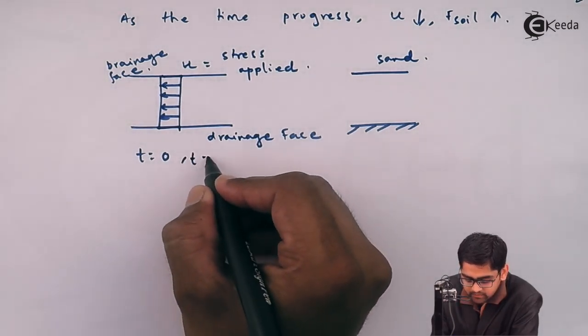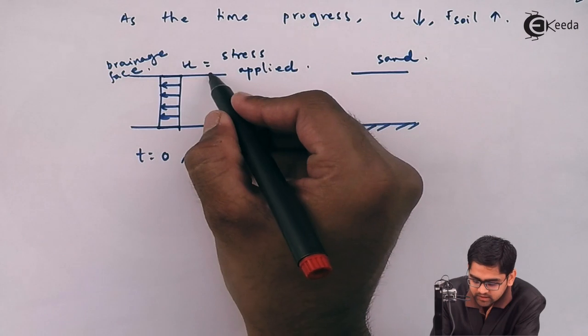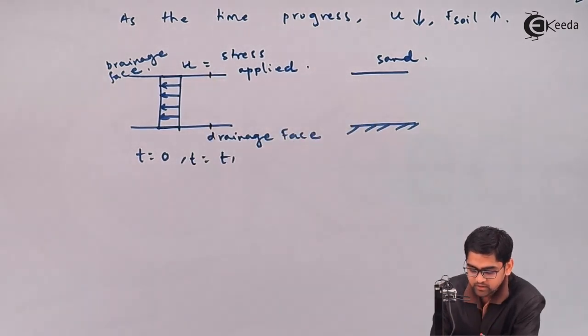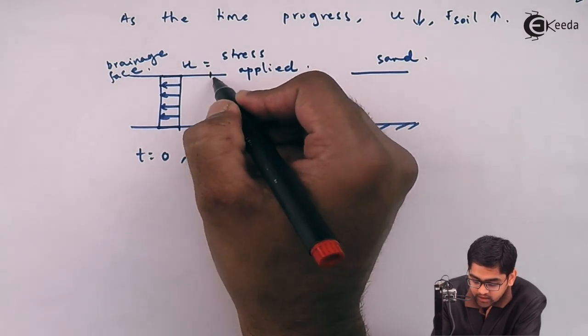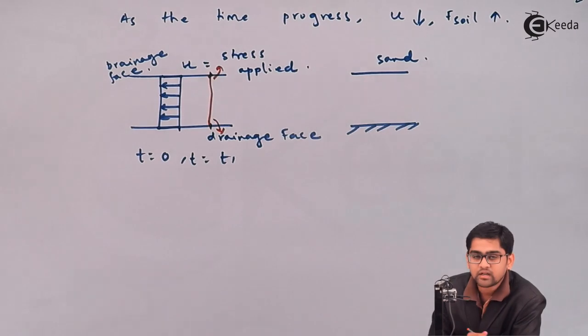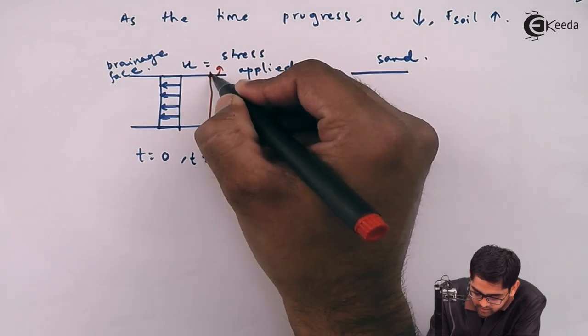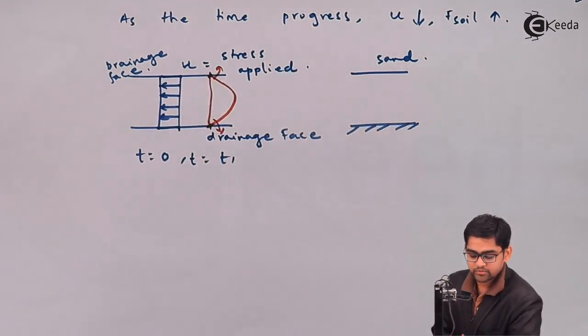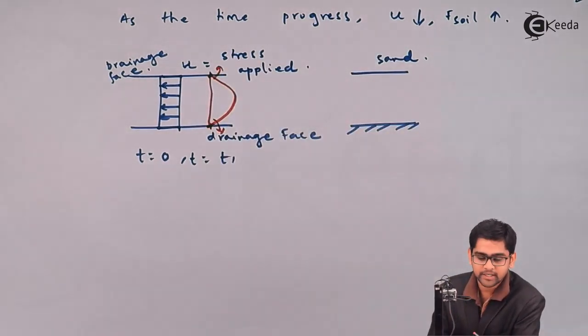But at time t equal to t1, after some small interval of time, since this phase is the drainage, water can move from the clay towards the drainage phase, and because of this there would be a sudden relief in the pore water pressure. Therefore at this point the pore water pressure will be reduced, and the pore water stress distribution diagram will be like this. This is for the both-way drainage case.